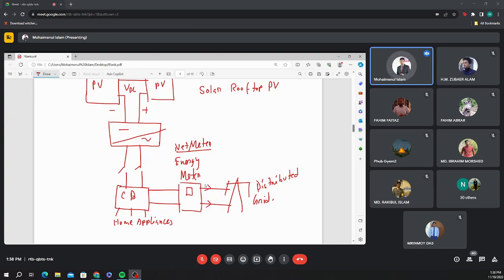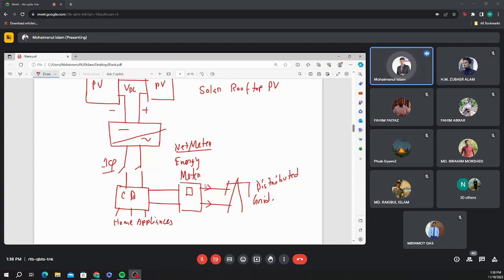But if you have a very big power plant, then you require some transformer there to step up the voltage, right? Also you should make it 3-phase, right? Here I am showing you the single phase. So for the grid, you need to convert it to 3-phase.